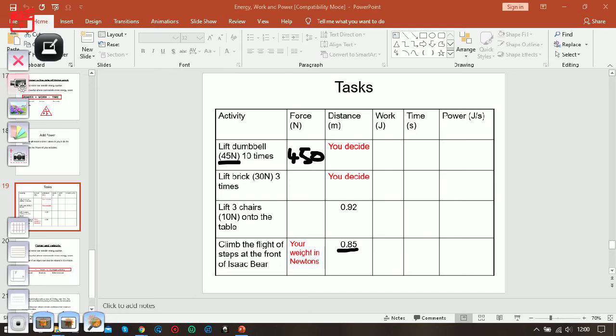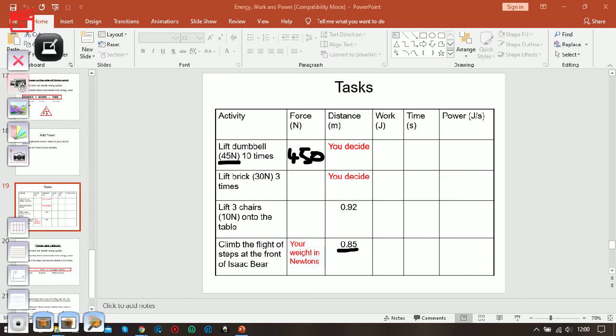Your weight in newtons should really be somewhere between, I don't know, 400 and upwards of just over 1,000, maybe, depending on how much your mass is. For example, my weight would be about 80 kilograms times 9.8. That's just under 800 newtons, right?